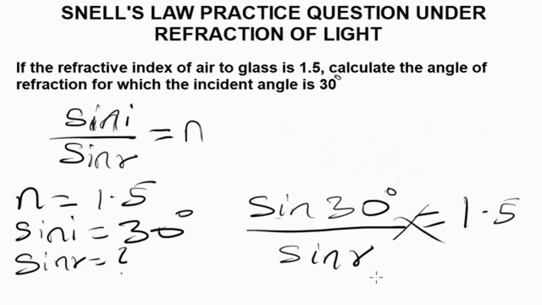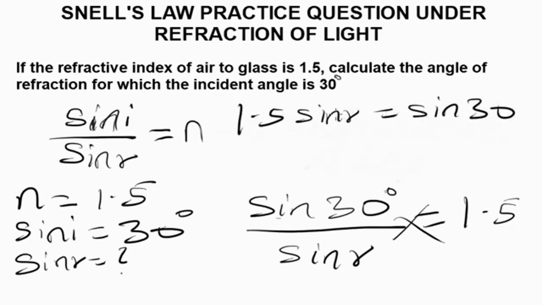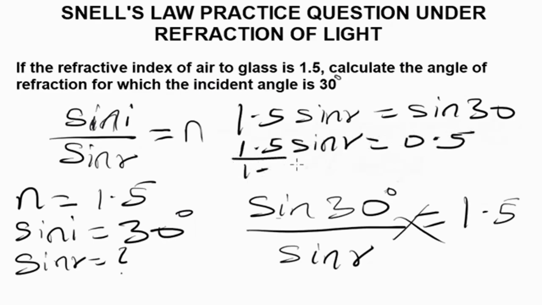So we are going to have 1.5 sine R equals sine 30. Sine 30 will give us 0.5. So divide both sides by 1.5.